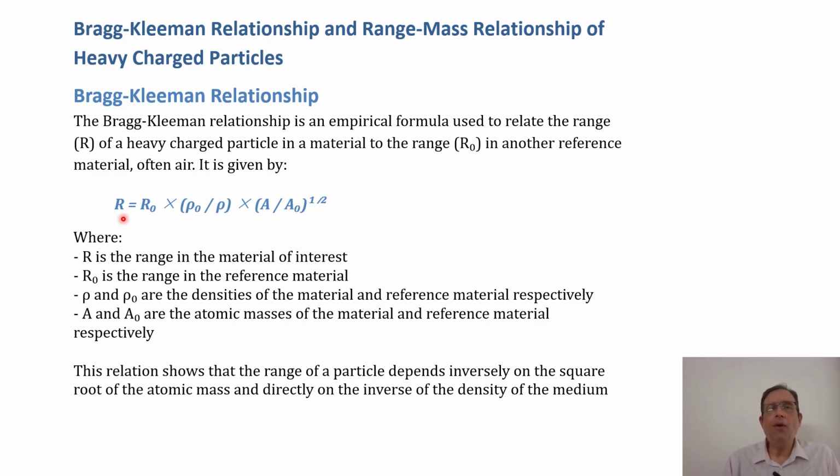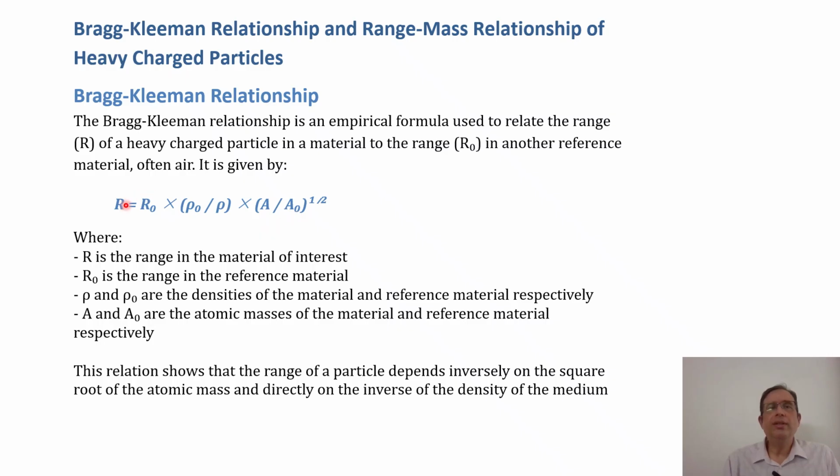The range of a heavy charged particle in a material is equal to the range of the same particle with the same energy in air multiplied by rho naught, where rho naught is the density of air and rho is the density of the medium, multiplied by A, which is the atomic mass or mass number of the material, and A naught is the mass number of the reference material, that is air.